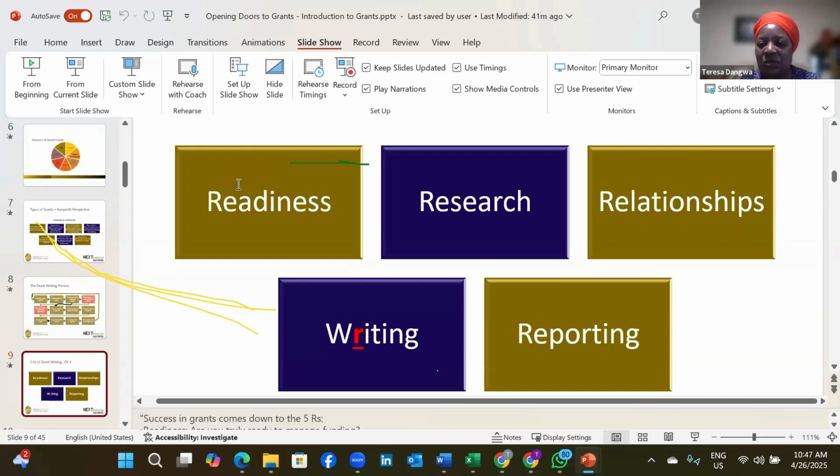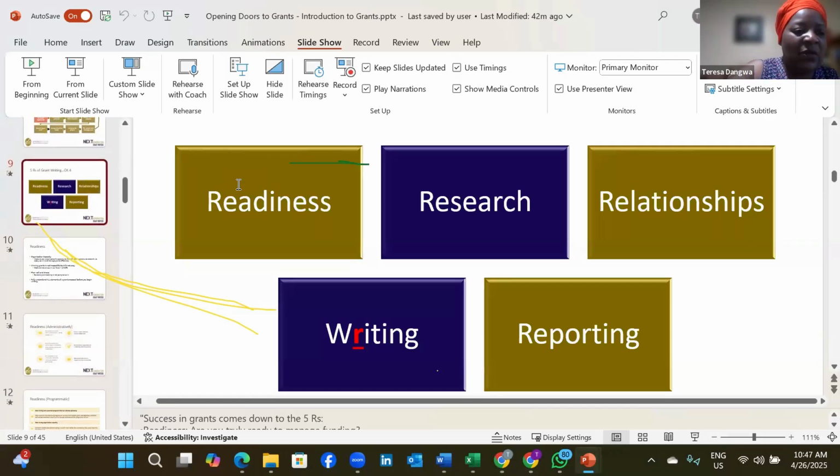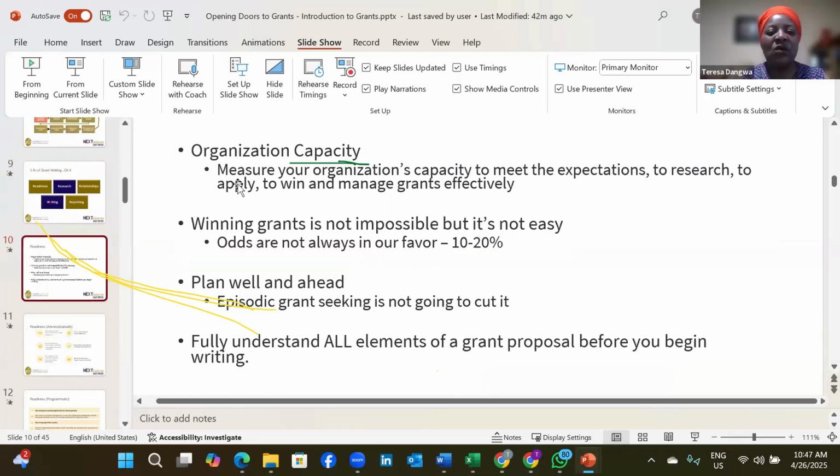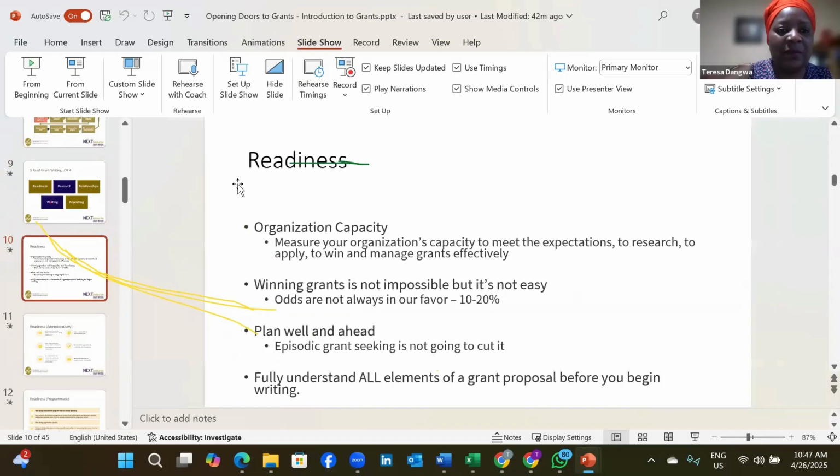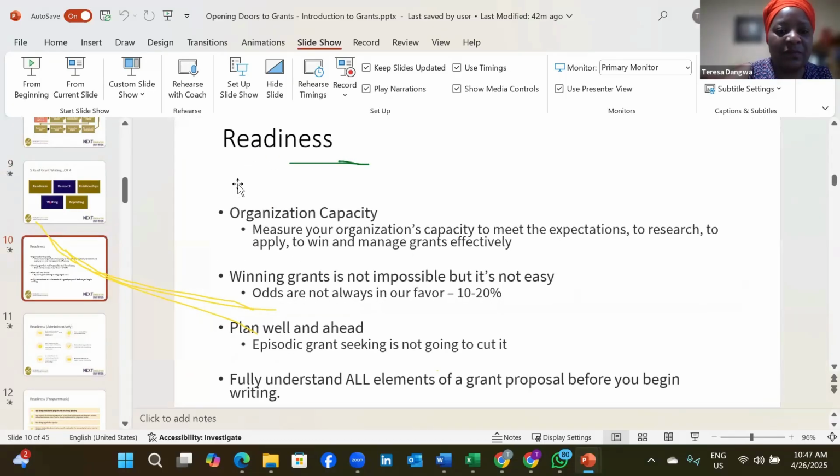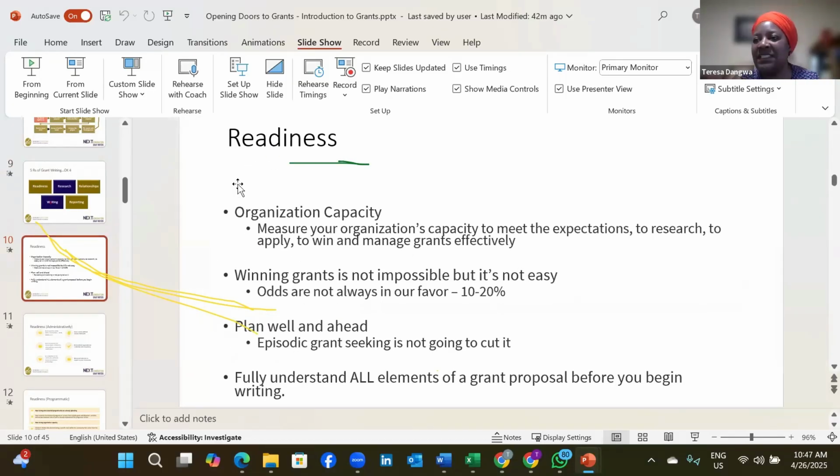Now let's go really quickly into what each of those represents. This usually is a whole class of just talking about these 5 R's, but I'm going to give you a quick preview. Readiness is about your organizational capacity.